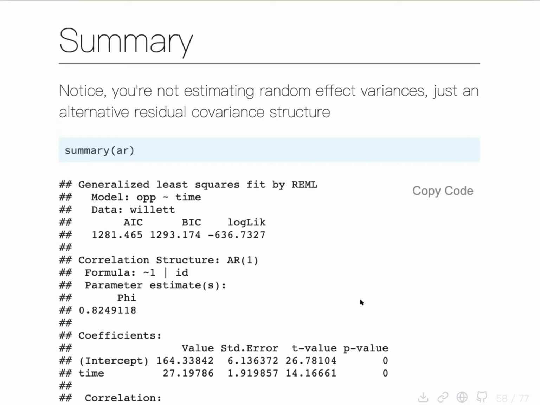As I mentioned, you don't have random effects here now, like you do in typical multi-level modeling. We have an intercept, we have a slope, and then we have this phi parameter, which is what I was calling rho. And down here you have the correlation and you have the residual as well. So you are estimating one variance component, which is the residual variance.